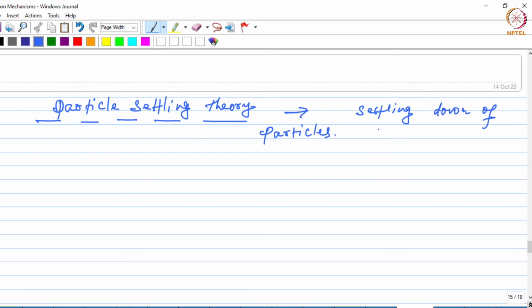Okay, so this can happen if you continue to hold the melt for long. But the grain refinement can be recovered by stirring the melt.